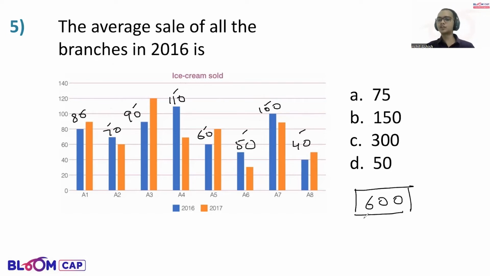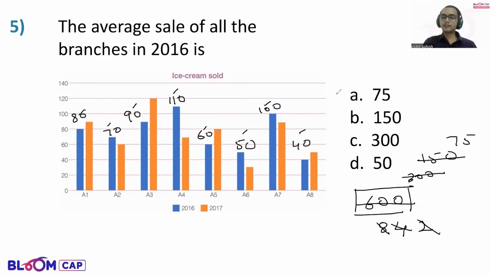We have to find the average. Now what is an average? If 8 shops together made this much, what is the number of observations? It is 8. We'll simply divide this by 8. Let's cut them by 2: 300. We can again cut them by 2: 150. We can again cut them by 2: 75. Therefore, 75 is the answer.